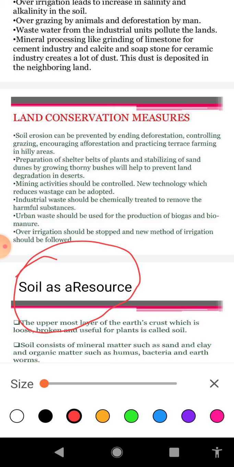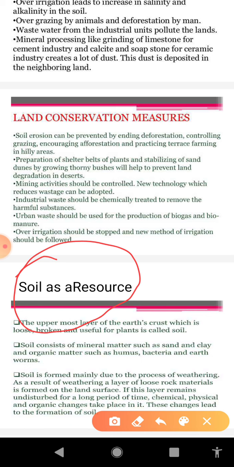In the previous video I told, in a very simple sentence we can say, superfine particles of weathered rock with humus which is indispensable or necessary for growth of plants is termed as soil.